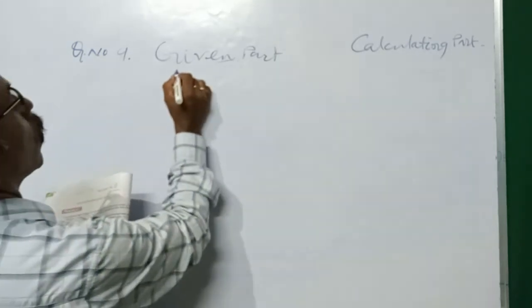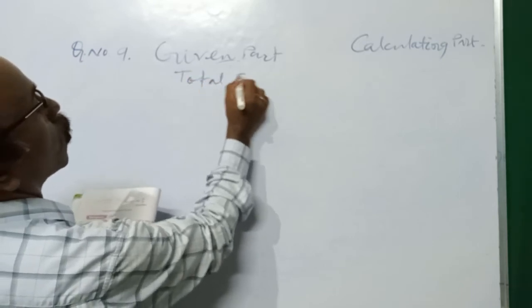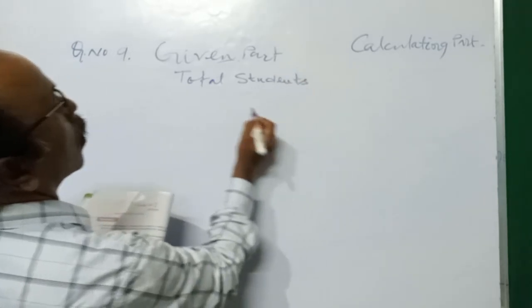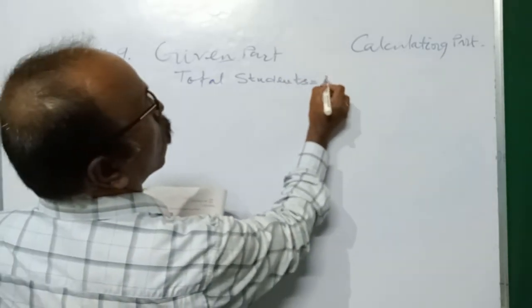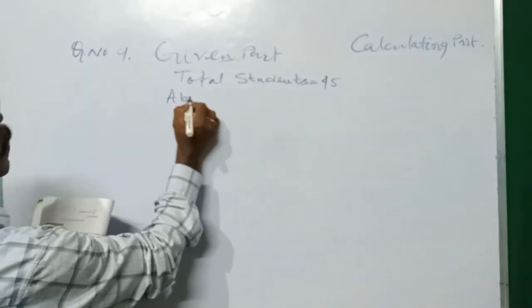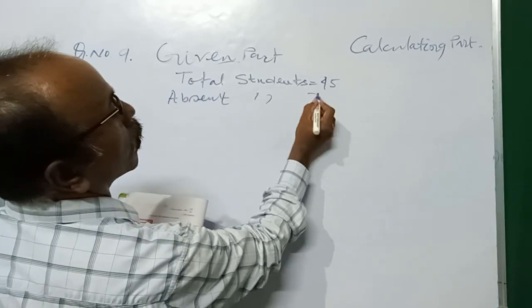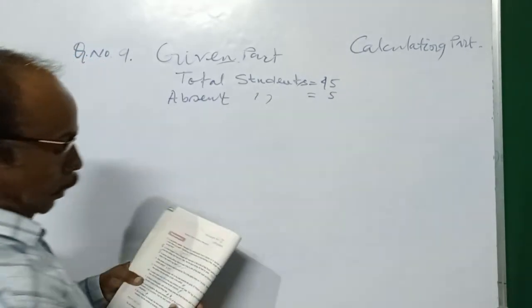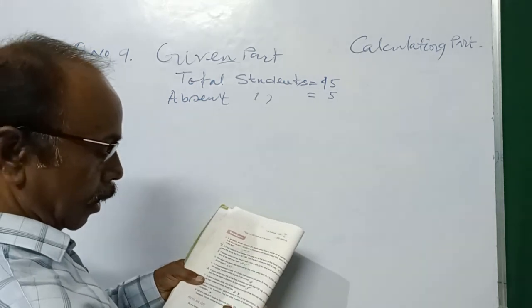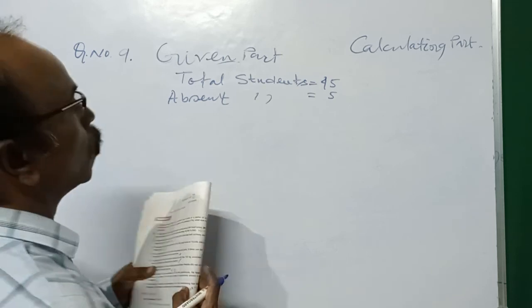Given total students 45. Absent students is equal to 5. 5 were absent. 30% of remaining had failed to do homework.